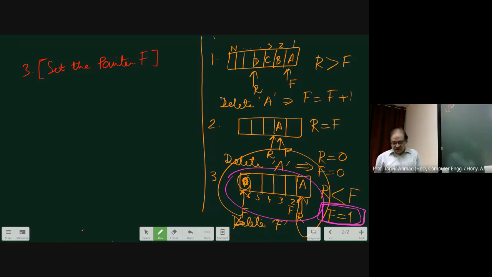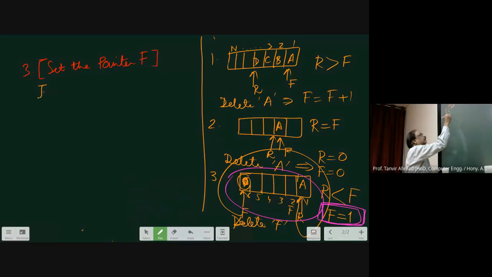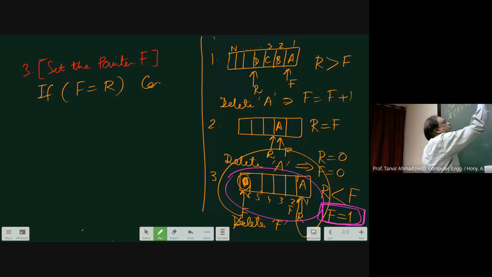Now the first one is that if front is equal to rear. That means the second case. Now this is case 2. Just for your reference, it's case 2.